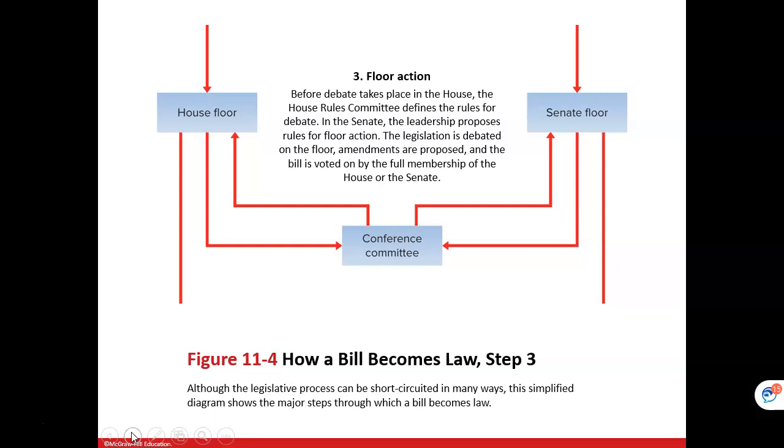This is when the whips come in and start whipping votes. They're trying to convince people to vote for the bill or not vote for the bill. And sometimes you will hear leaders saying we have the votes, and that is because they have gone and spoken to individuals, and they know how many people indicate that they are going to vote for it.